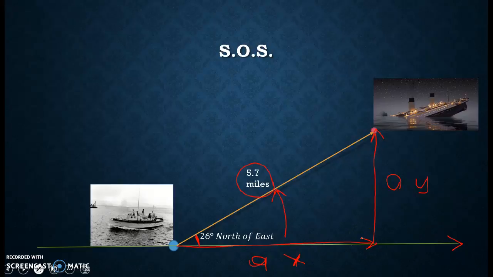That's the adjacent side, and we know this side, which is the hypotenuse. Adjacent over the hypotenuse is the cosine. So I'm going to take the cosine of 26 degrees, and that's going to give me the adjacent side, which is x, over the hypotenuse, which is 5.7.